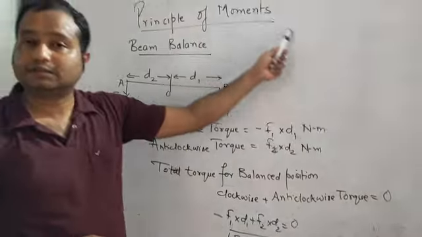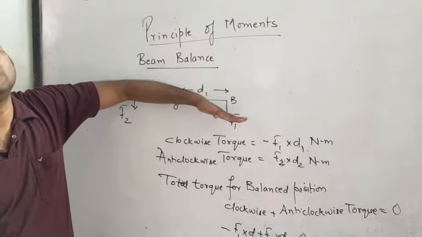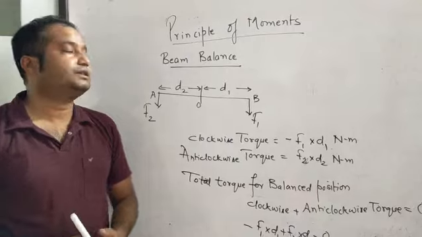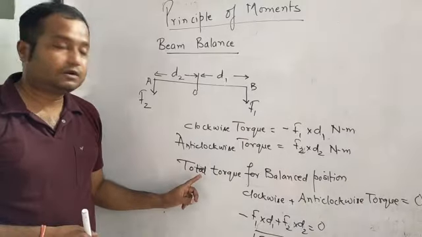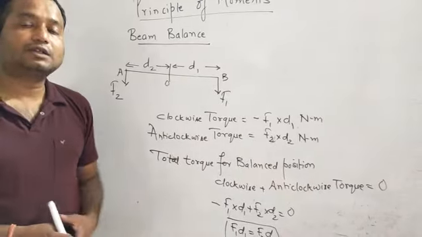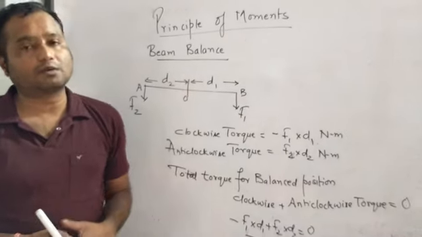Principle of moments states that whenever a body is in balanced or equilibrium position, I repeat, whenever a body is in balanced or equilibrium position, the condition is that anti-clockwise torque should be numerically equal to clockwise torque.